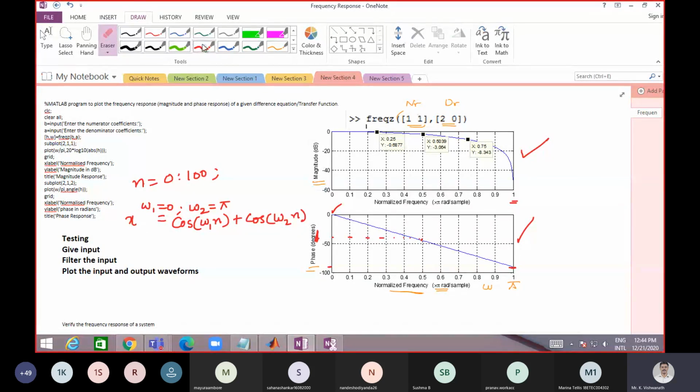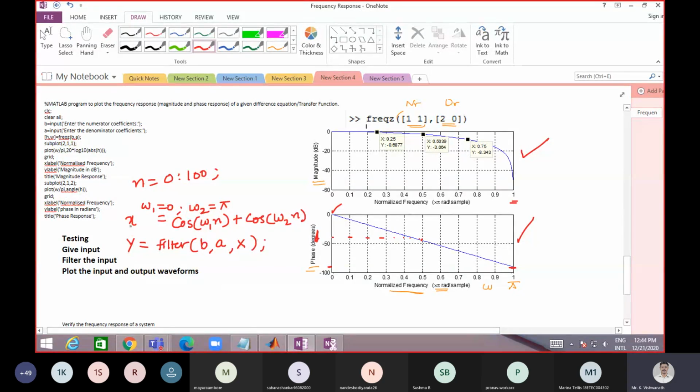Okay. So now output we have to get. So output is nothing but filter. We have this command, this you have used, filter. The system we have to give in terms of numerator and denominator coefficients. That is the input coefficients and output coefficients and the input that you have specified.